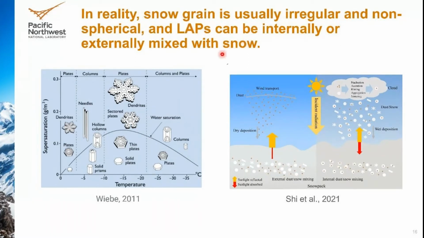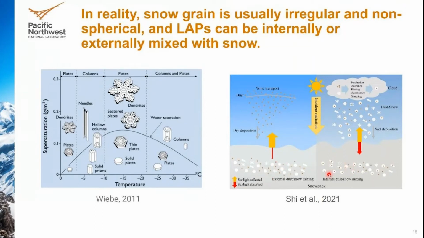The light absorbing particles can have different ways to mix with snow. The left part is external mixing. The white circle is snow and the brown point is the light absorbing particle. The right figure shows the internal mixing.